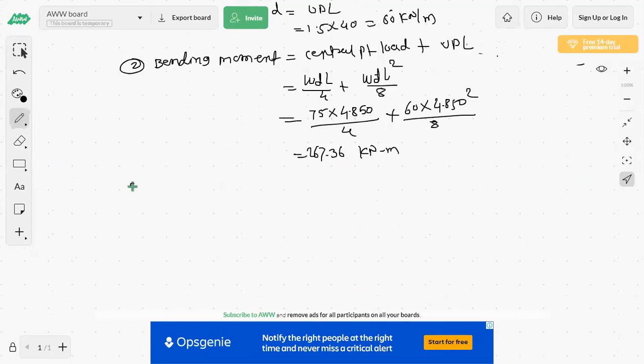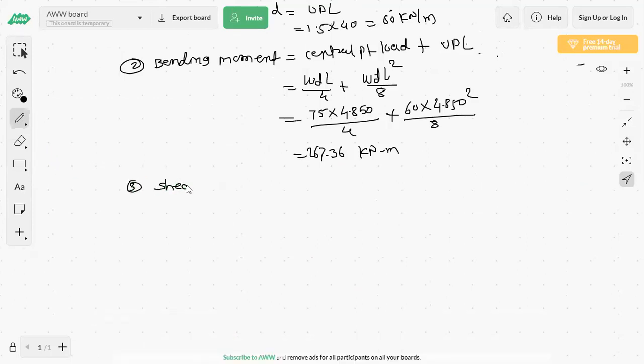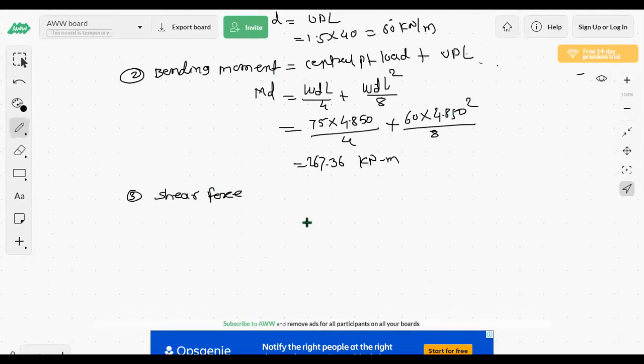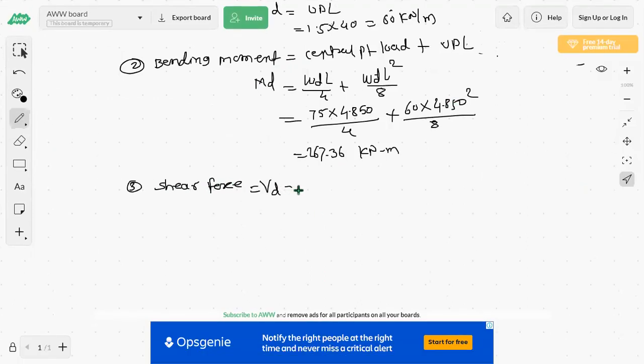Okay, now calculate shear force. So bending moment is here nothing but MD. So shear force VD is equal to shear force due to central point load and shear force due to UDL. Calculate.